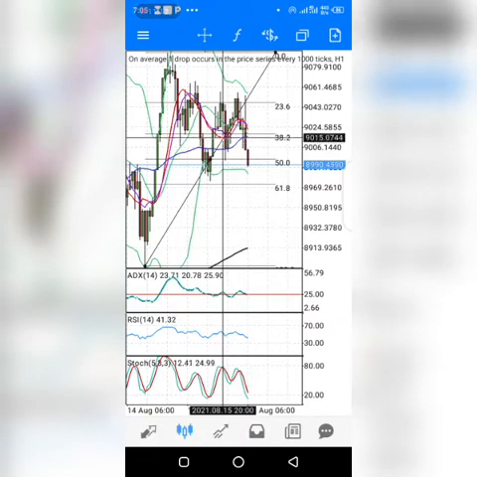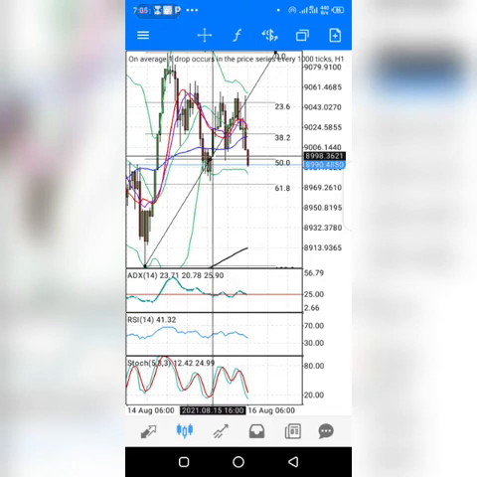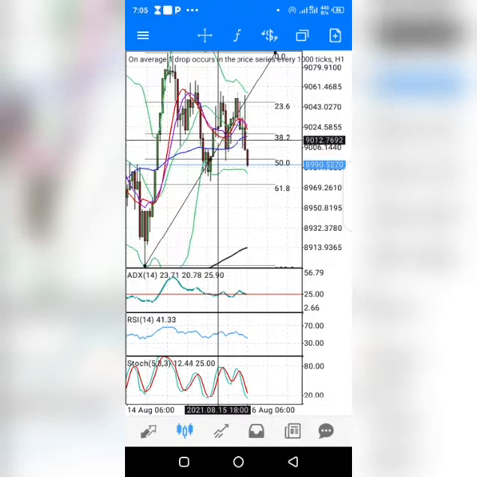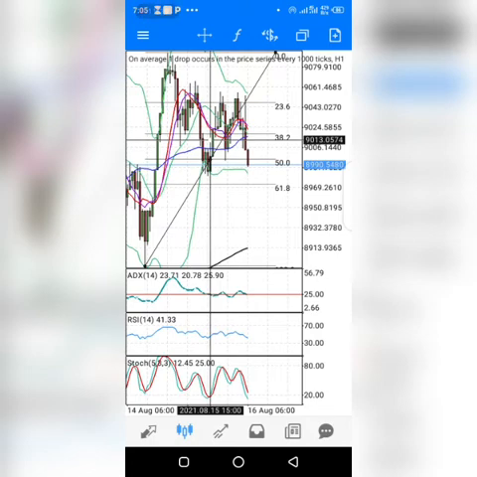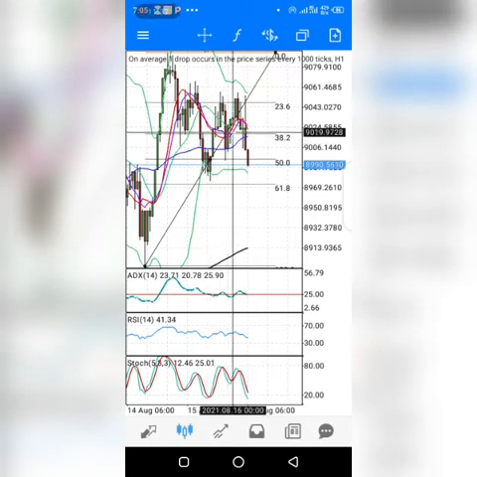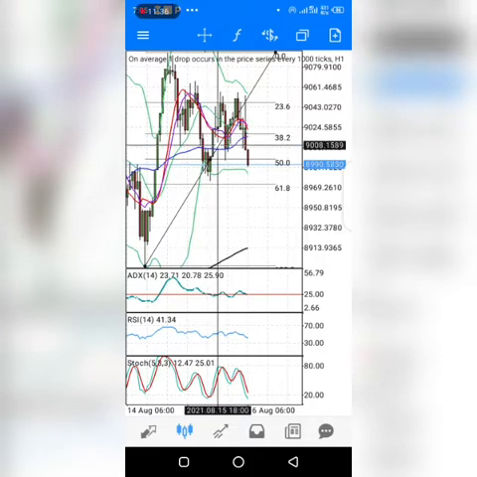A professional trader, when he took a buy trade from here, would be able to stop at this point, seeing that it's already reaching this 38.2, because this 38.2 can act as a what? Either a reversal or a pullback.